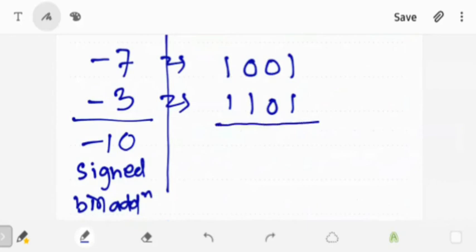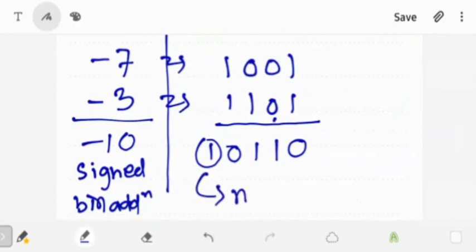Then let's add it. What are we getting? 1, 1, 0, so carry 1. There is an overflow here. It's visible. But we are supposed to neglect it, right? The overflow has to be neglected as usual. So what is the answer? This is the answer.